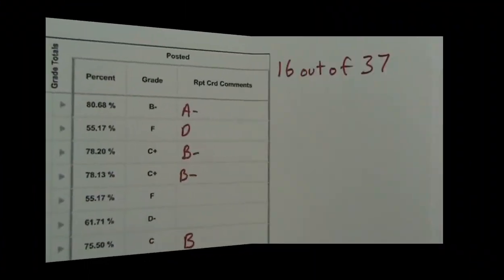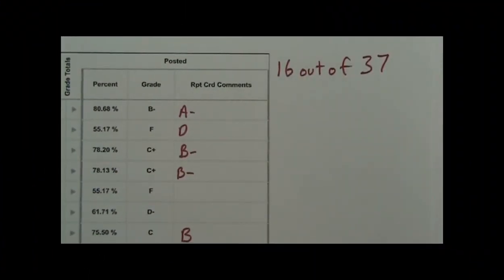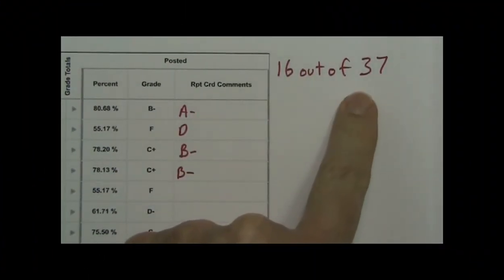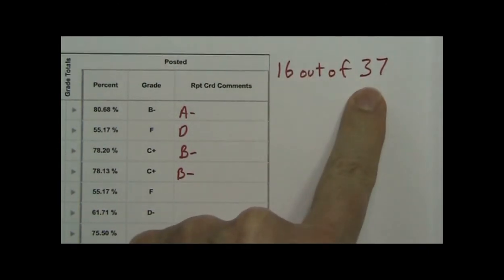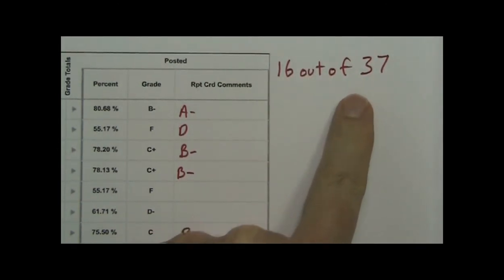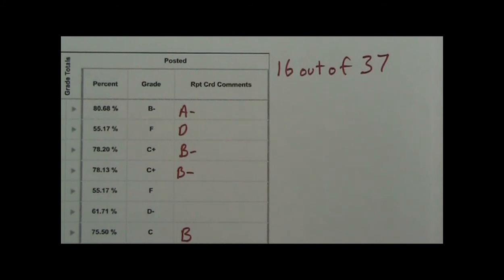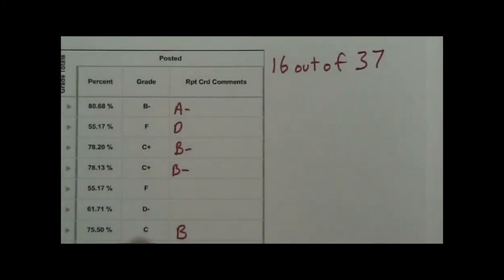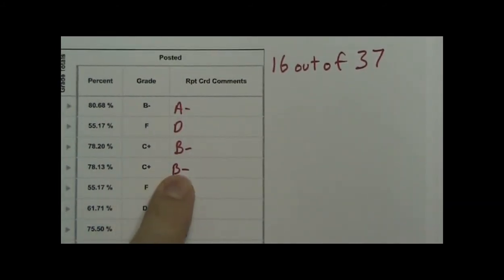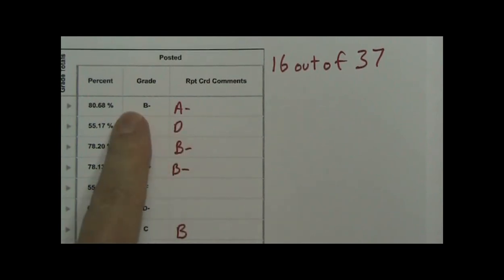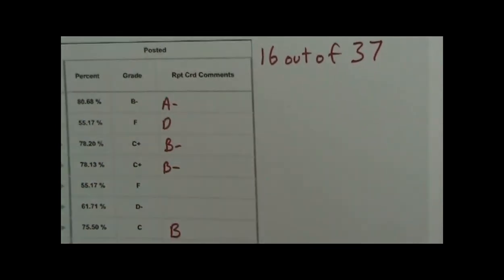Be safe. Okay, so here's one of my classes, and it has 37 students in there. 16 out of 37 have raised their grade. Now, some people raise their percentage, but they actually raise their grade. So, for example, from a C plus to a B minus, or F to D, or B minus to A minus. Even though there are some who also raise their percentages. Now, there are some people who already had an A, and therefore they could not raise, like A minus.